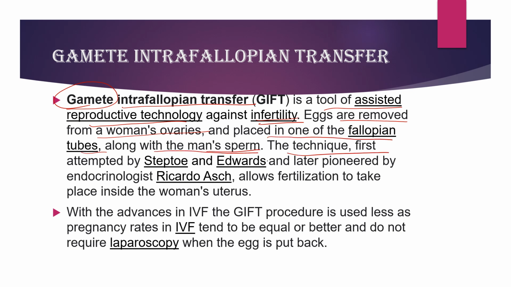The technique was first attempted by Steptoe and Edwards, and later it was pioneered by an endocrinologist, Ricardo Asch. So it allows the fertilization to take place inside the woman's body, and only the sperm as well as the ovum are injected into the fallopian tube.